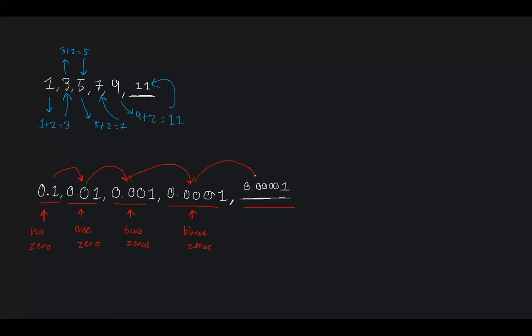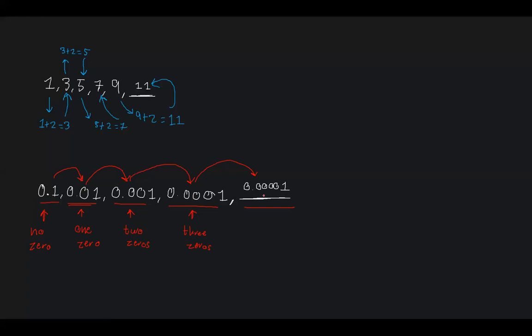So the same thing here as well. We're going to put another 0, all right? Therefore, if we keep on doing this, from here, no 0, then this one we have 1 zero, then add another 0, so we have 2 zeros, then we add another 0, so that would be 3 zeros.